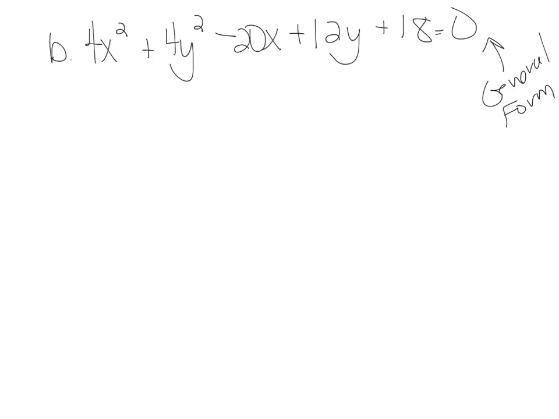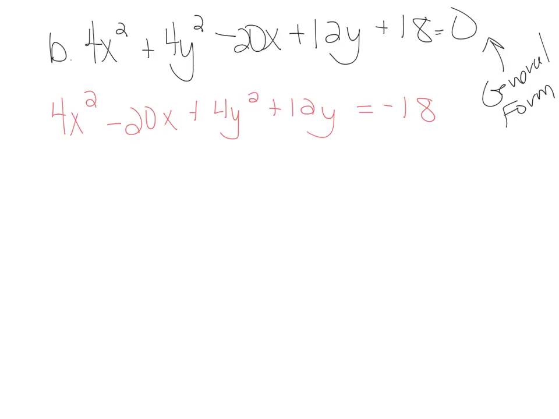Now this one's a little more difficult. I'm going to first just rearrange it. Put my x's together, put my y's together. Now though, remember to complete the square, we need to be dealing with a 1x squared. Yes, I could divide by 4, because 4x squared and 4y squared.